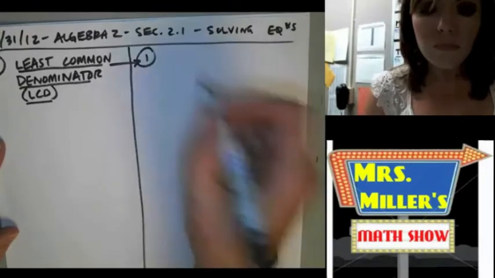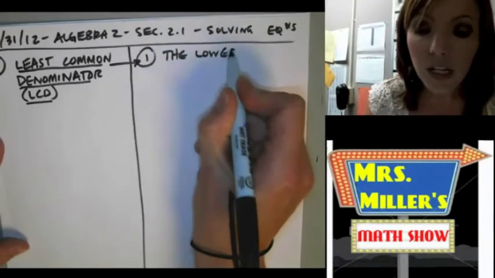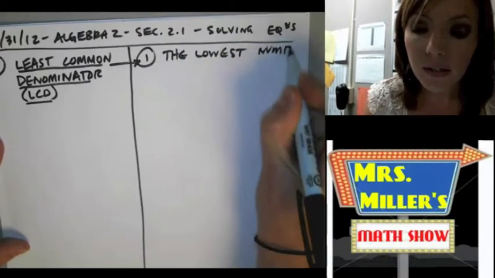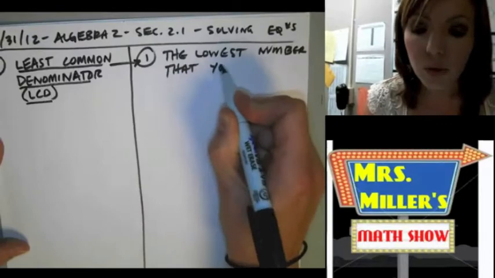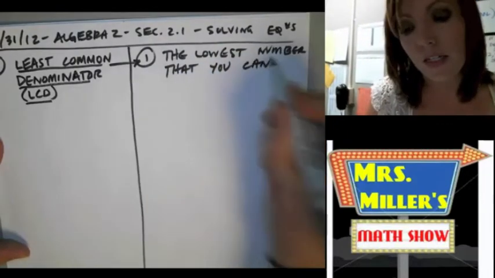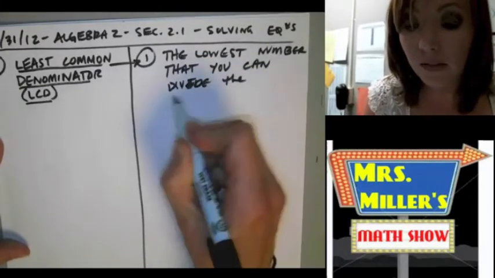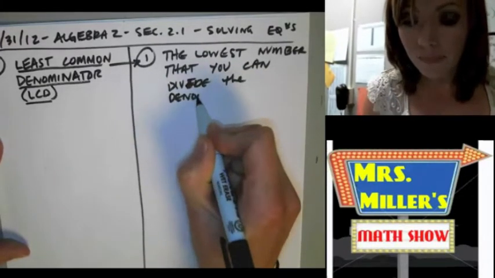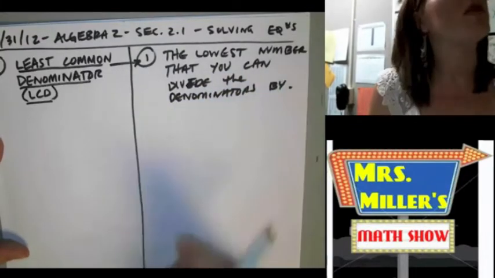Right. So it's the lowest number that you can divide the denominators by.